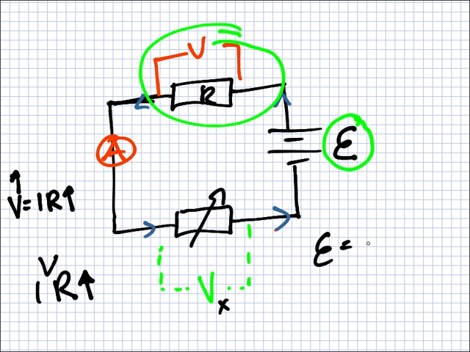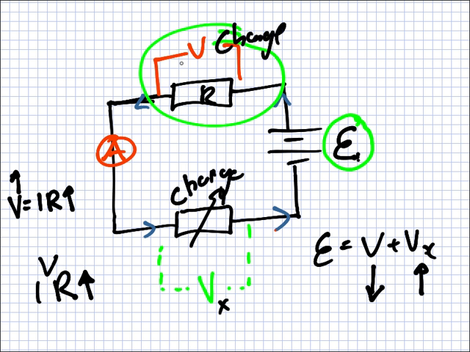If E equals V plus Vx, and the E here doesn't change, you know, because it's like maybe 1-2 volts, doesn't change. If the Vx gets bigger, what happens to the V? So if this Vx gets bigger, what happens to this V? Smaller.